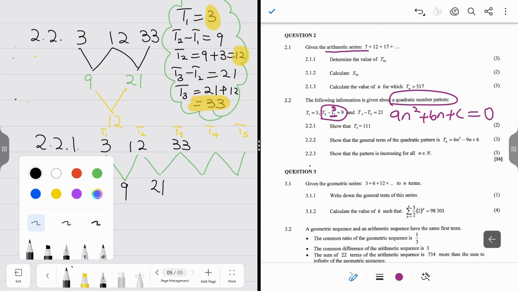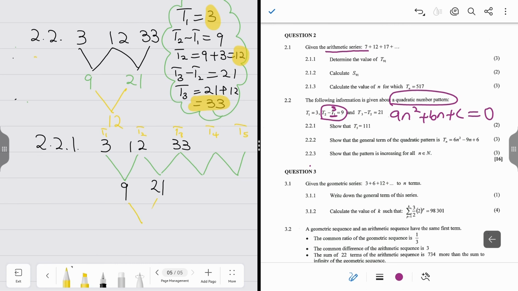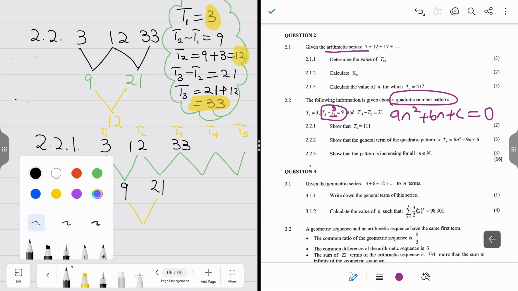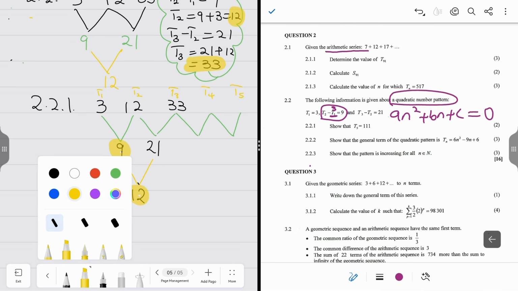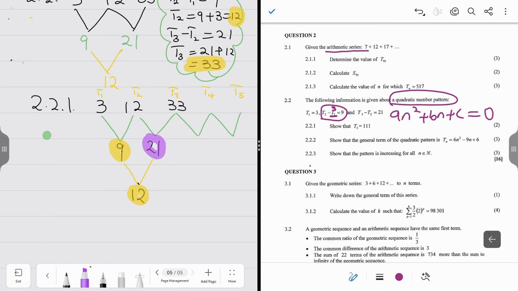In normal sense, what you have to do is find everything that is possible. In this case, you can write down that this is 12, right? We said this is 12, so we can write that 12 there. Then, if I say 9 plus 12, that gives me 21.